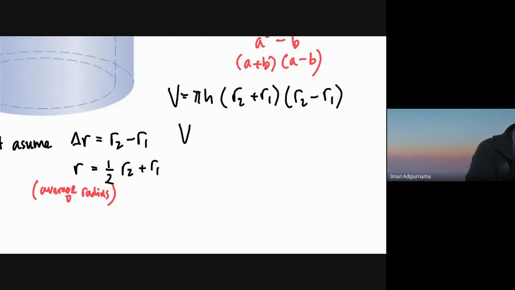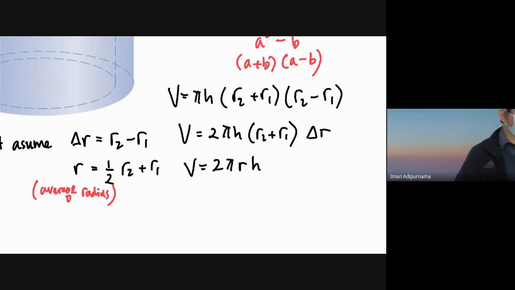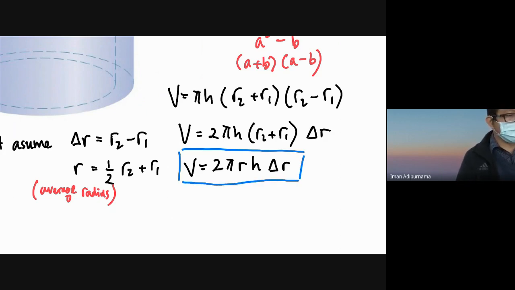So you can write pi h times R2 plus R1. We should have a half, so we need to multiply by 2. Let me write it one by one. So the volume is 2 pi R h delta R. Now this is a new geometrical approach to evaluate the volume.